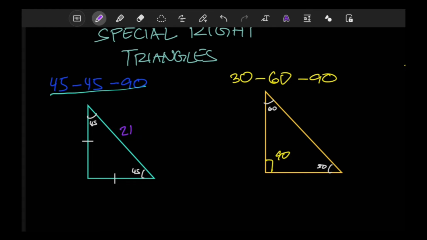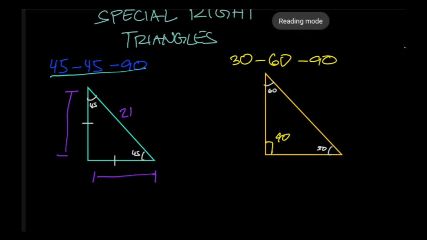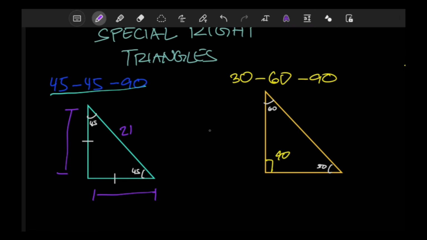So the problem is find the side lengths. I want you to solve this problem, and if you're done, you can play this video, and if you want to answer it, just pause the video and try. Okay? So, just try it. Okay, so let us solve.